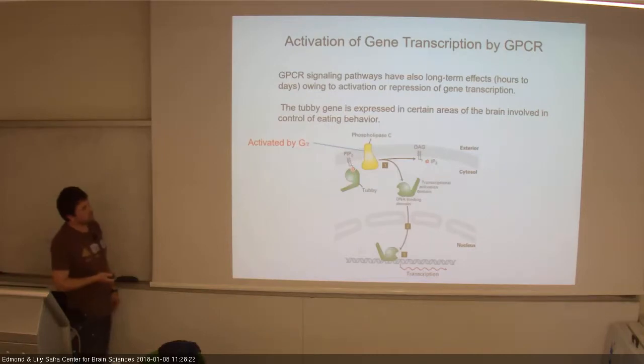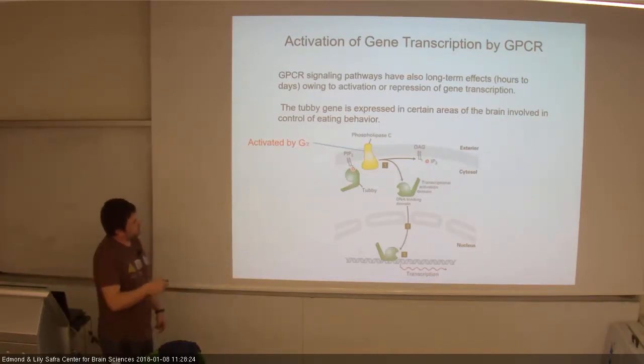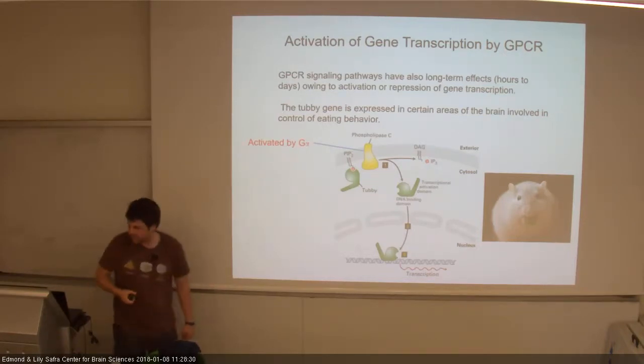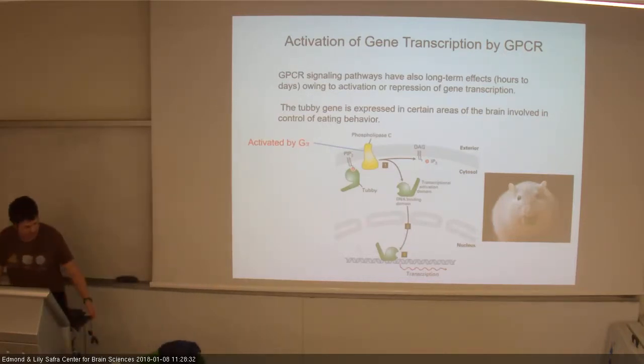For example, mice in which this TUB gene was knocked out develop massive obesity. I don't know if you've seen mice, but this is not how normal mice look.